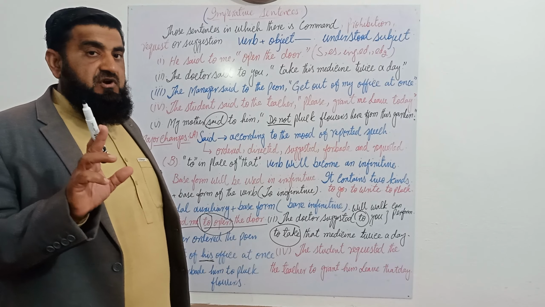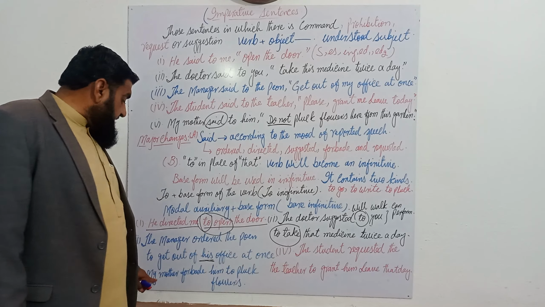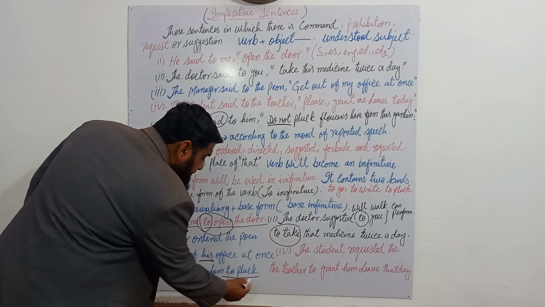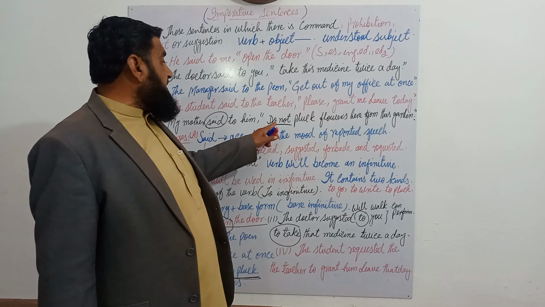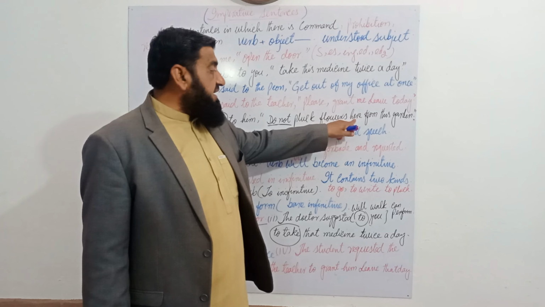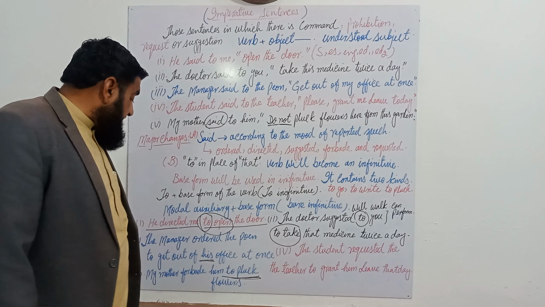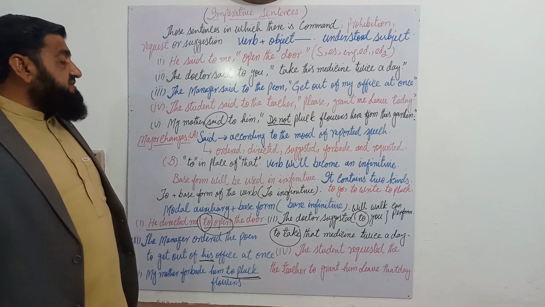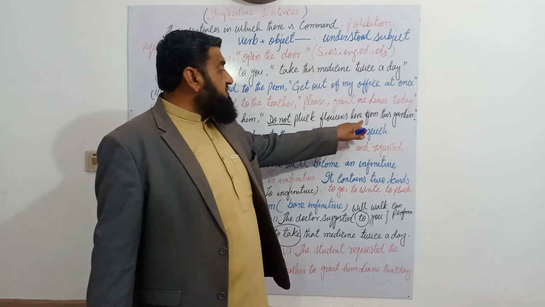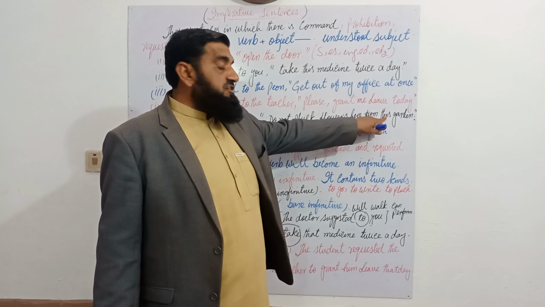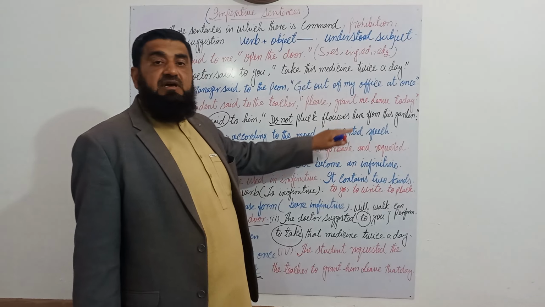There is no need of not then. So my mother forbade him to pluck. Do not pluck flowers. To pluck flowers here into there, from that garden. From this garden, from that garden. So this into that, here into there.